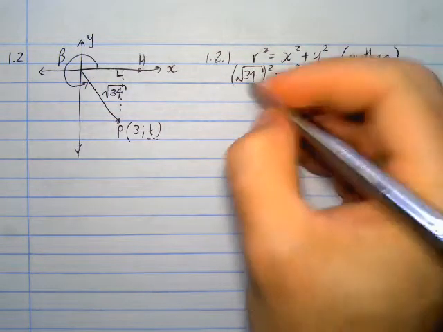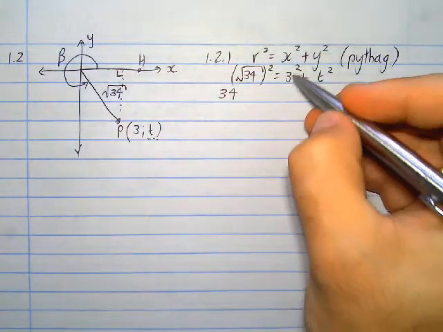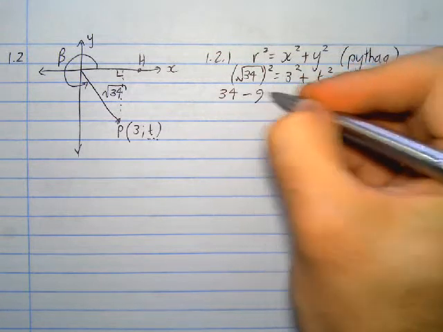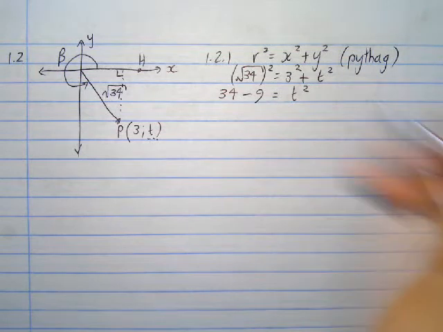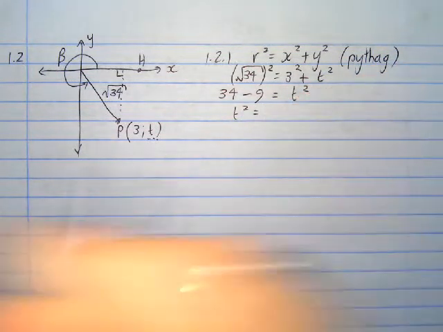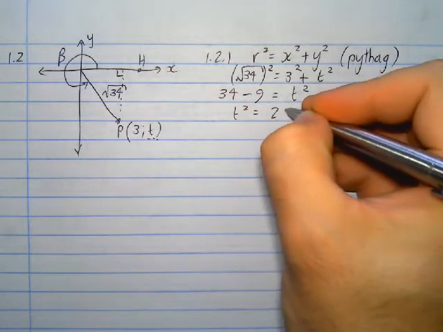Root 34 all squared is simply 34. I would then subtract 9 on the left-hand side, so t squared is equal to 34 minus 9, which is 25.